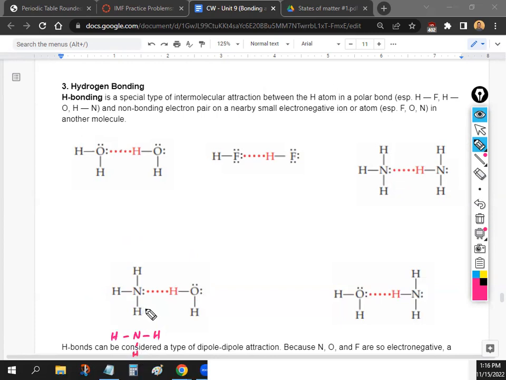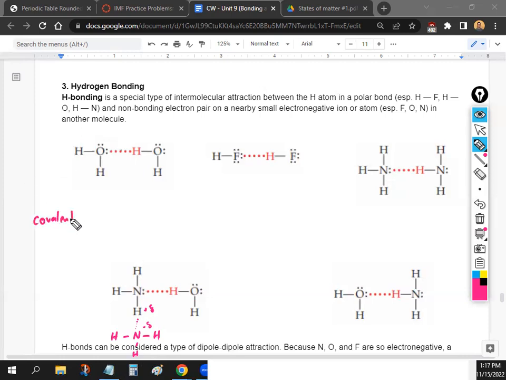This hydrogen right here will be partially positive, and for a different ammonia molecule, this will be partially negative, so it'll form a hydrogen bond. No, it's not going to take the electrons because it's a different molecule. Yeah, that's a good point. The other molecules are not going to take away electrons, because then you would basically be breaking apart this structure. So keep that in mind.